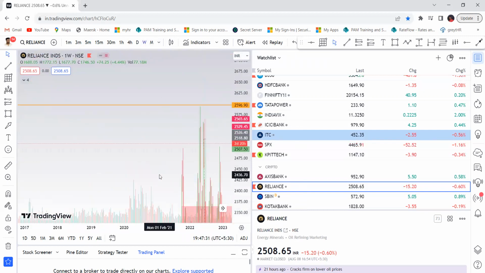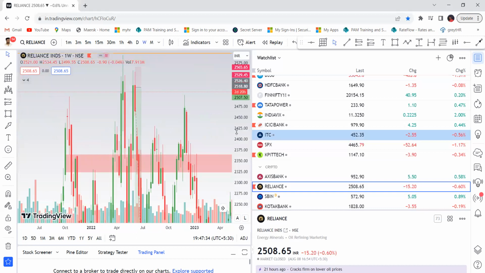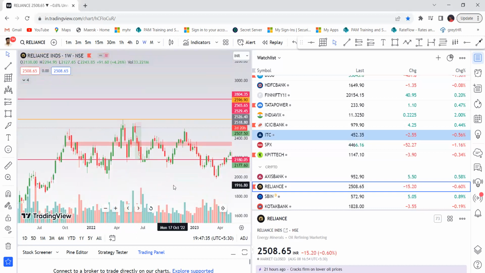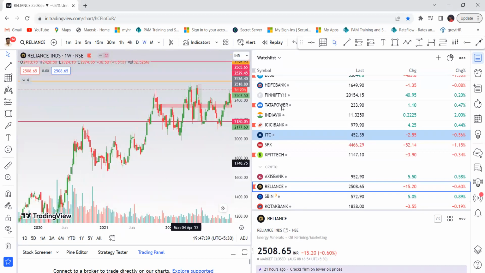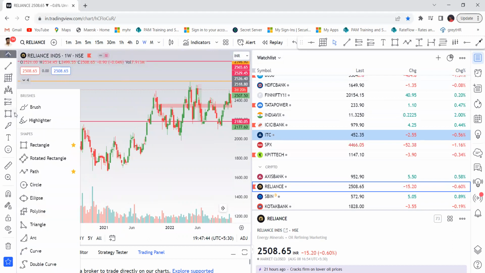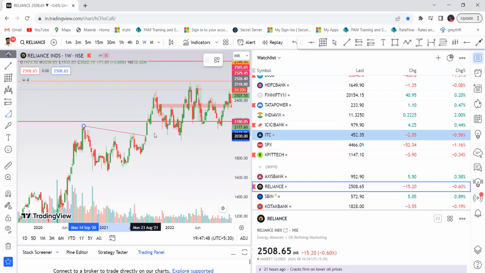If you follow the weekly, you can use it for your long term holding. See in the weekly, rounding.